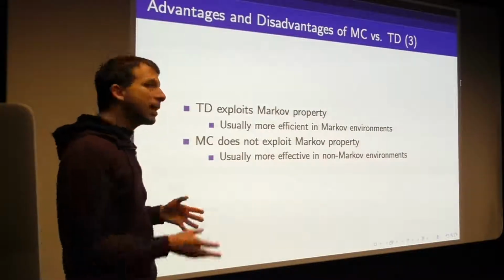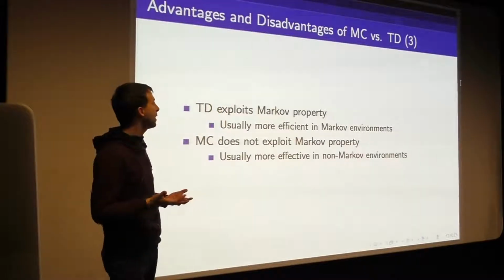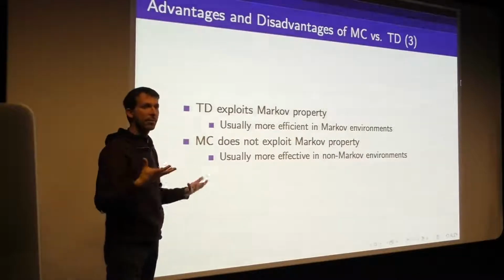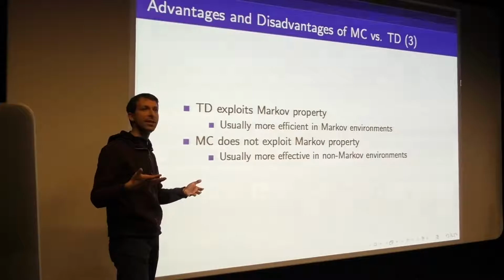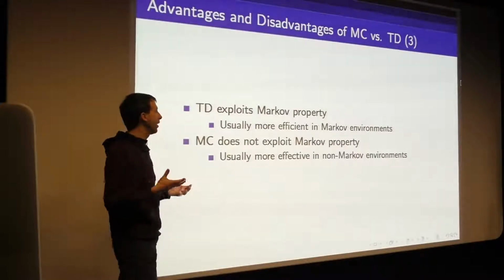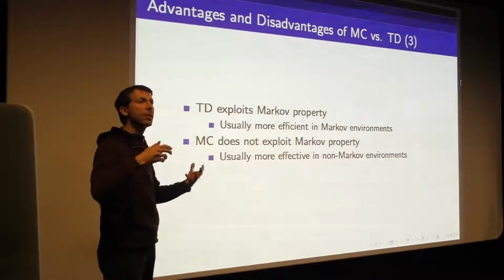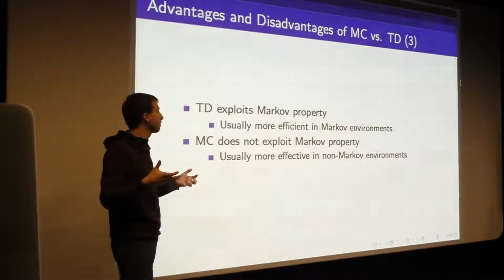Okay, so let's come back. We were trying to understand the advantages and disadvantages of Monte Carlo and TD. And so I really just want to summarize the third type of advantage, which is that a Markov decision process has the Markov property. And TD exploits this Markov property by building implicitly this MDP structure and solving for that MDP structure.